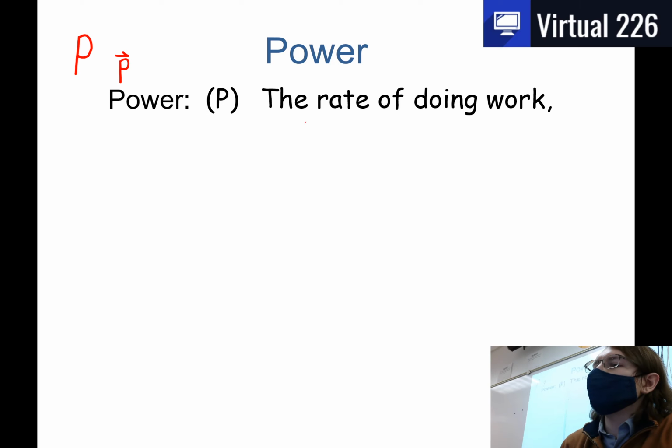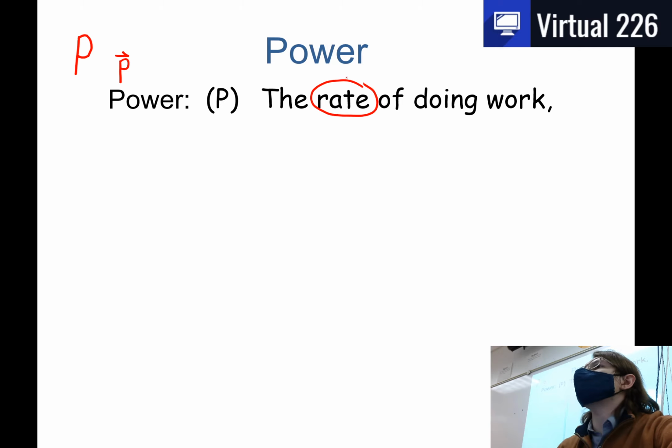Now, since it is a rate of doing work, anytime we see this word rate, we should be thinking divide by time. If we asked, hey, what's your pay rate? You'd say some amount of dollars per hour. It's something per time. So when we say the rate of doing work, it is some work divided by time.